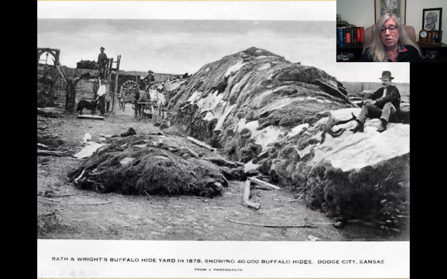Look at this image. This is from Dodge City in Kansas. This is from a little bit later, after this has all been going on, but this is a hide yard. This is 40,000 buffalo hides that are drying out before they would then be sent to Europe for profit.